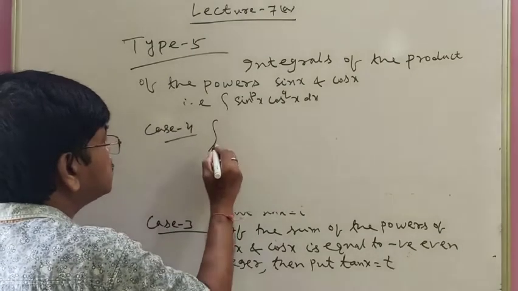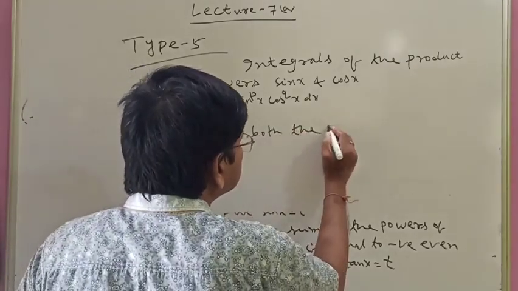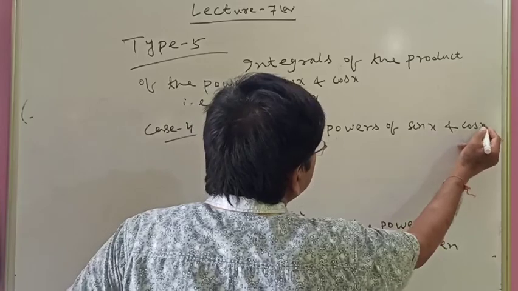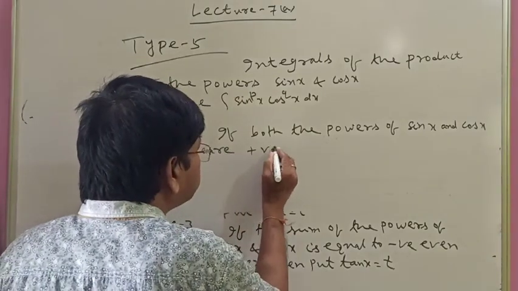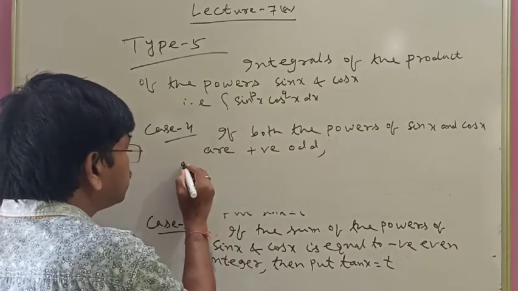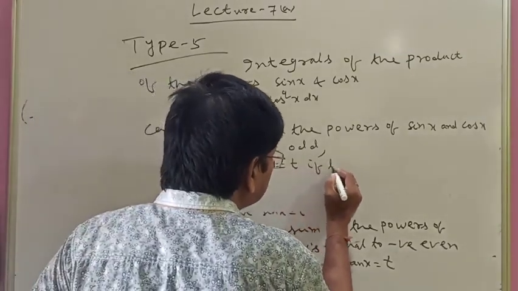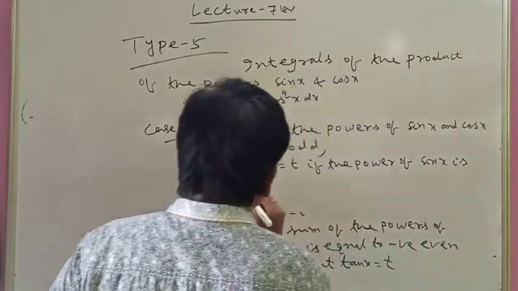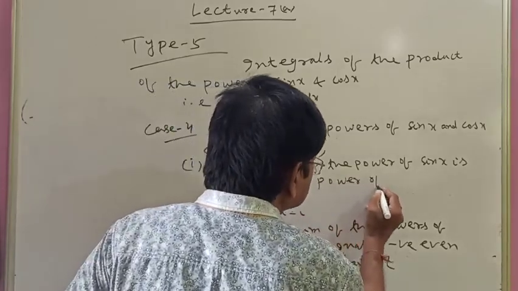Case 4 is: if both the powers of sin x and cos x are positive odd, then put sin x is equal to t if the power of sin x is higher than the power of cos x.